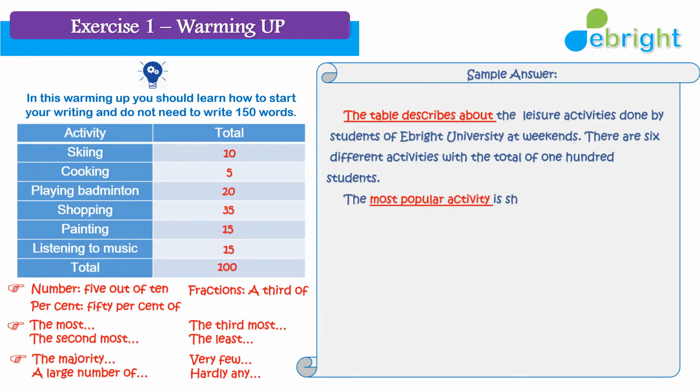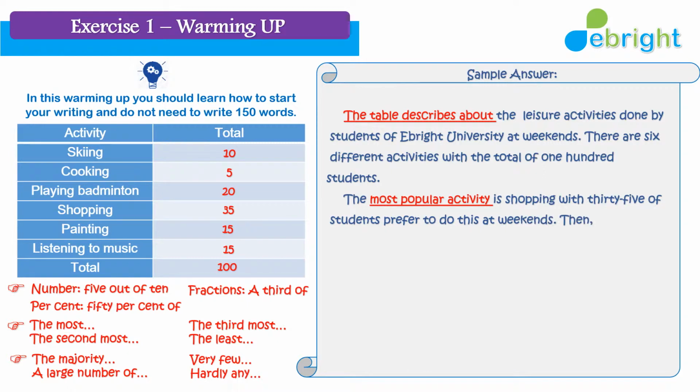The most popular activity, yes, you've got the most popular activity over there, is shopping. Now we put the detailed number of shopping with 35 of students. Yeah, because we decided to make students over there because it's at IELTS University. Students prefer to do this at weekends.